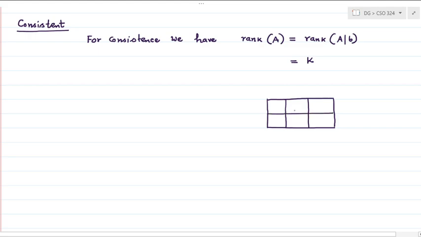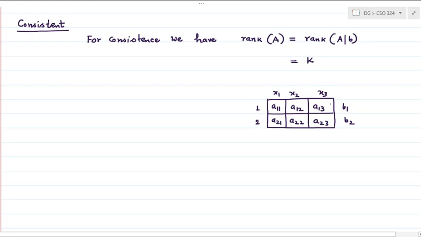So if this is my system, the matrix A has A11, A12, A13, A21, A22, A23 of this type, where the number of variables x1, x2, x3 is bigger than the number of equations. First equation, second equation. Here is your B1, here is your B2. So this is called a horizontal rectangular system.